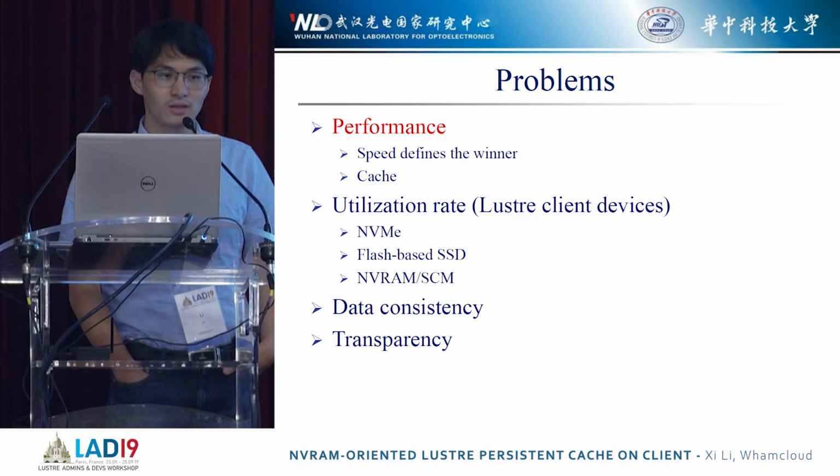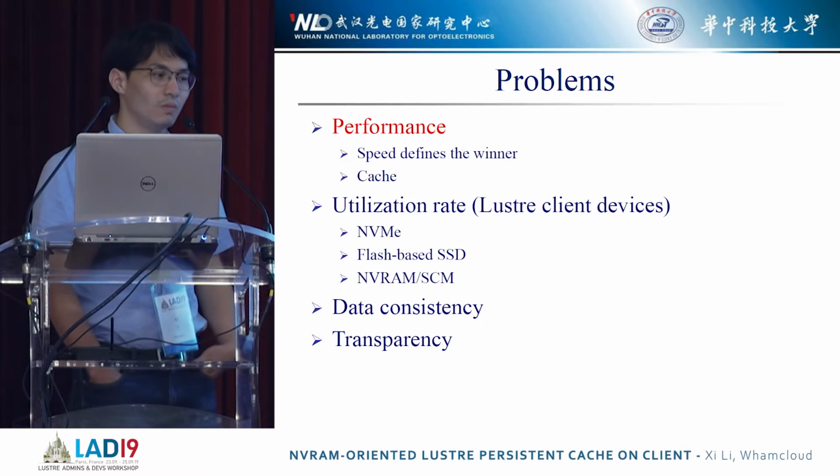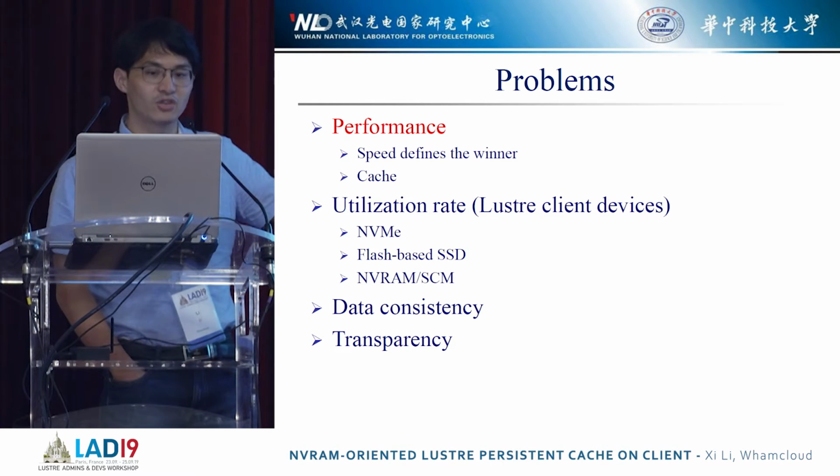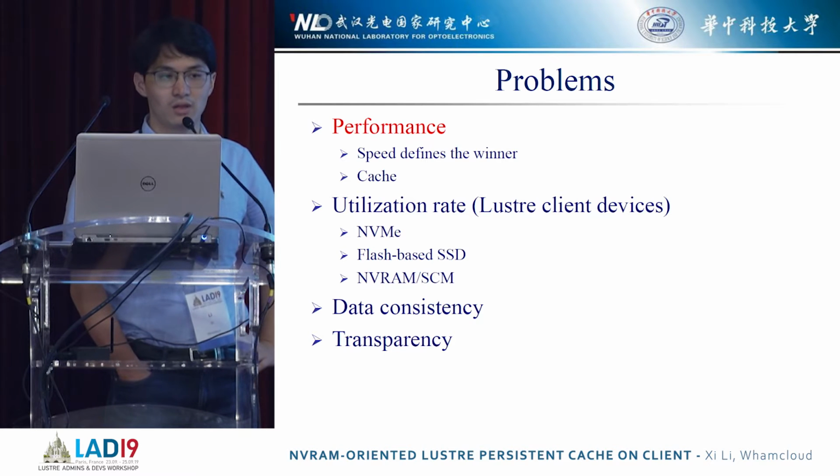In that architecture, we will face a lot of problems. The first problem is how we can get the best performance with an acceptable budget or acceptable cost. Another thing is, there are a lot of cache levels, so how can we use those caches efficiently to get the best performance possible? At the same time, when we design a system or a feature, we need to make sure that it is easy to use.